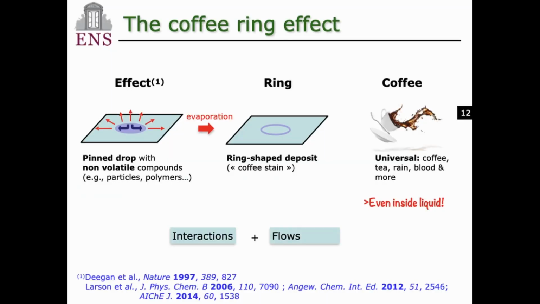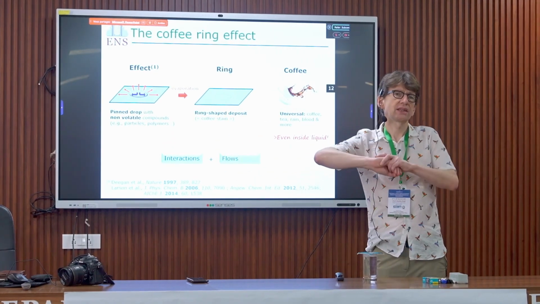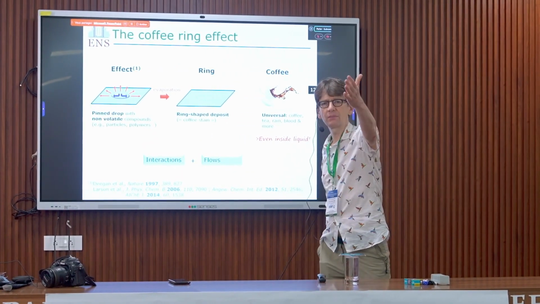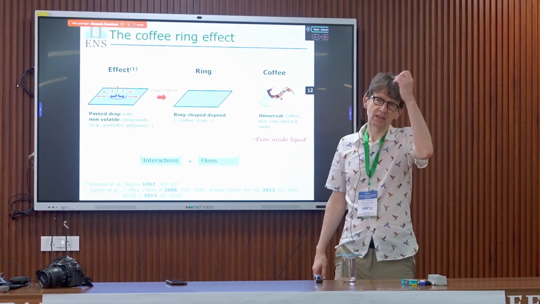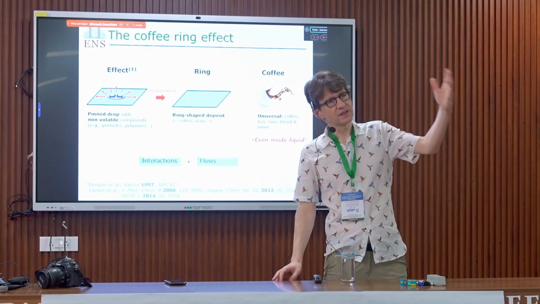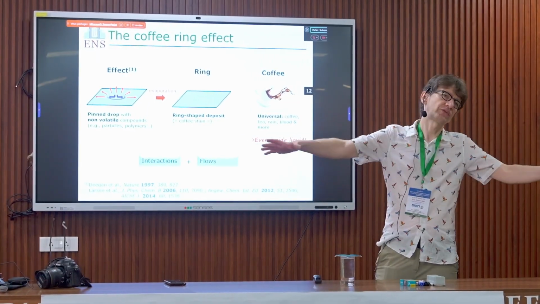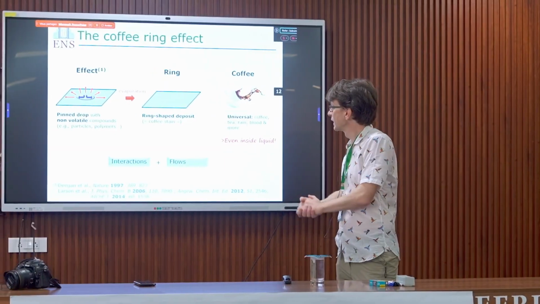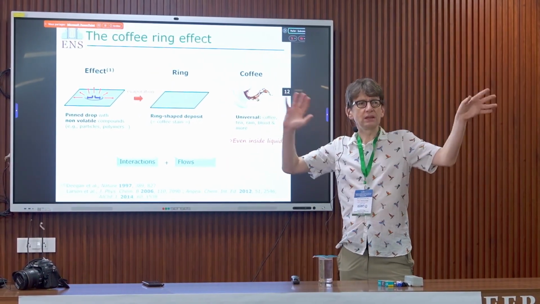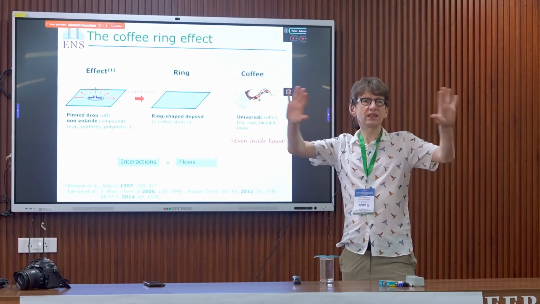So the coffee-ring effect is complex. There are many parameters that can affect it. You saw temperature during your hands-on. It's affected by so many things: surface tension, viscosity, the surface, the nature of your liquid. But I think there are two main effects, two big categories.